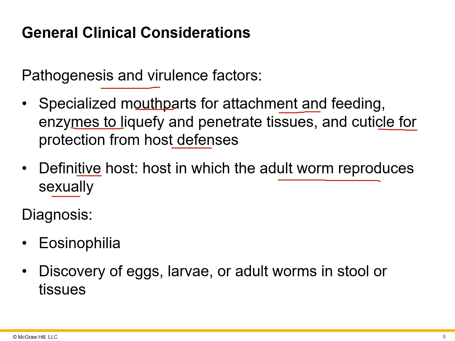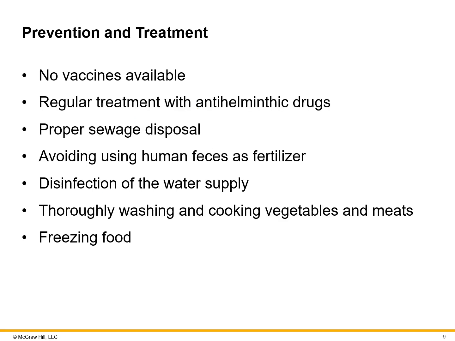Again, diagnosis with these is the eosinophilia, high levels of eosinophils, as well as looking for eggs, larvae, or the worms in the stool or tissue. So for prevention and treatment for all of these, there are no vaccines for any of them. There are anti-helminth drugs.